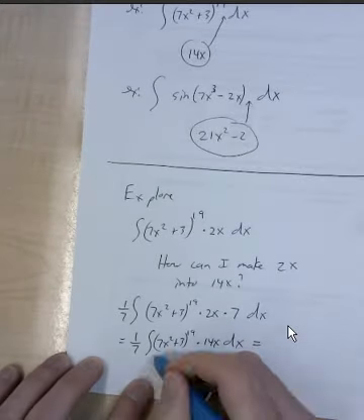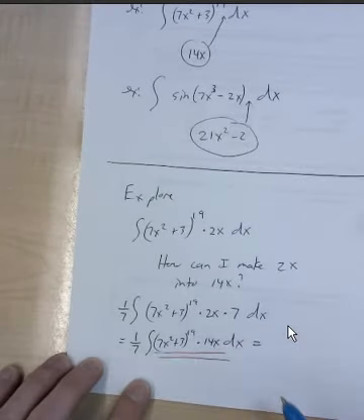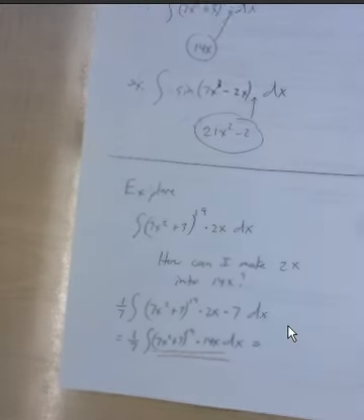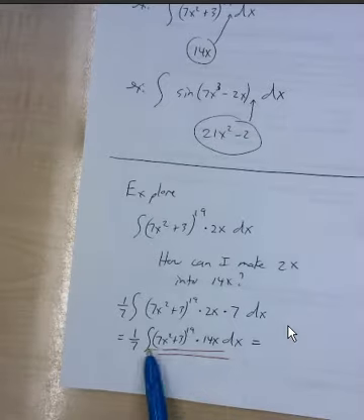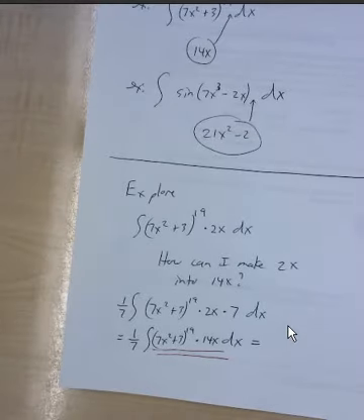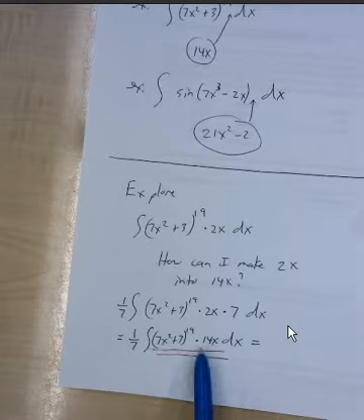This is now the derivative of what? What's that the derivative of? Yeah, the original. 7x squared plus 3 to the 20th.